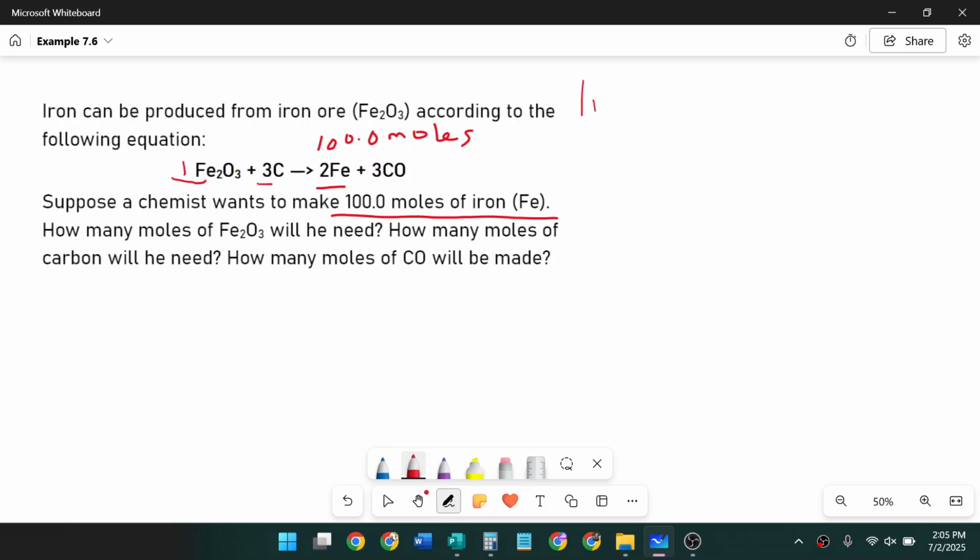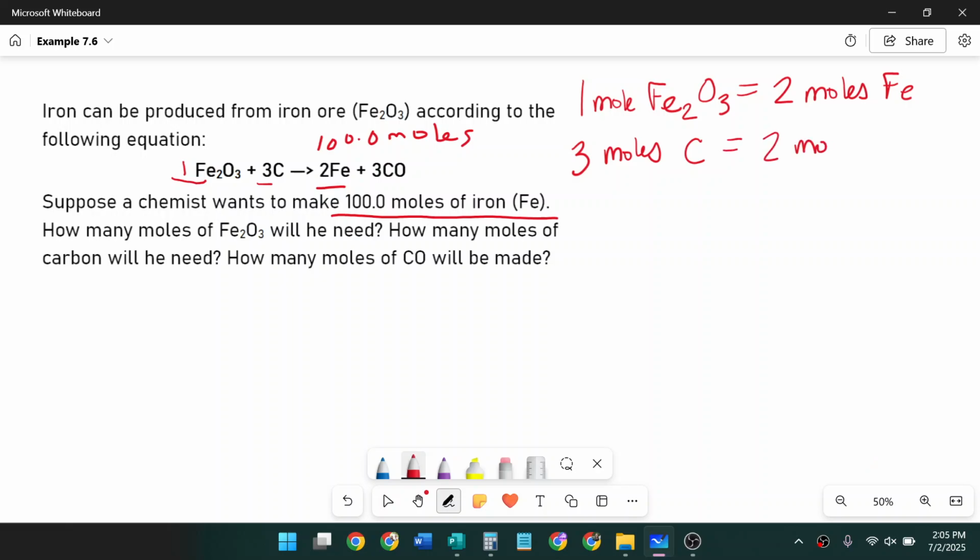So 1 mole of Fe2O3 goes with 2 moles of Fe, and then 3 moles of carbon goes with 2 moles of Fe, and of course these only apply to this one problem.